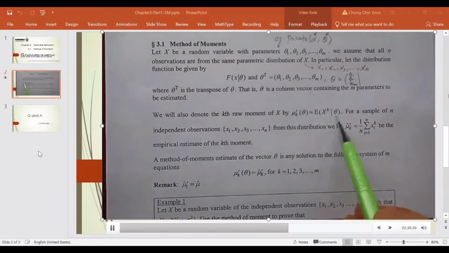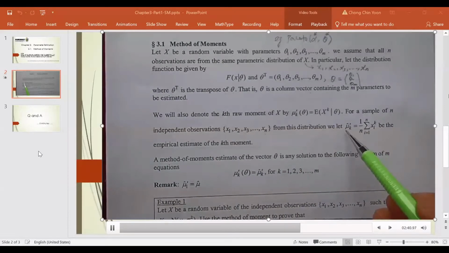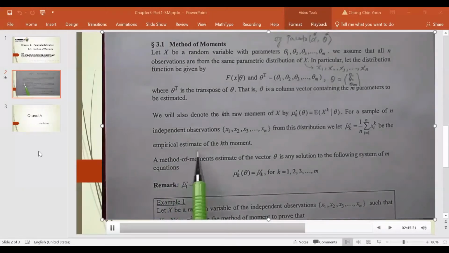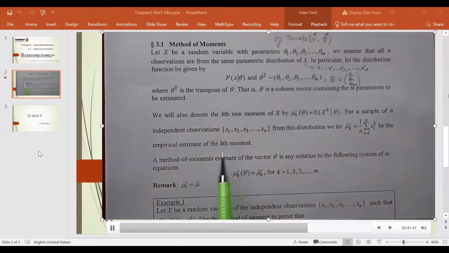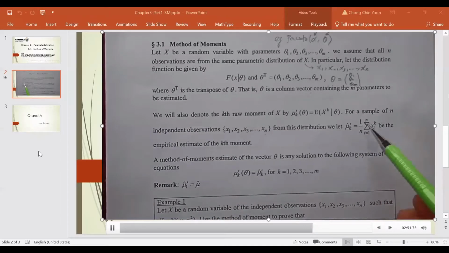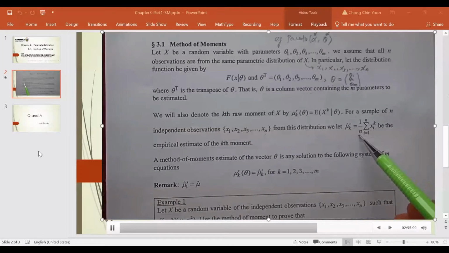And this we have studied in risk theory chapter 1. For a sample of n independent observations from this distribution, we let the estimate of mu k prime be the empirical estimate of the k-th moment, where mu k prime hat equals the summation of x to the power k divided by n.